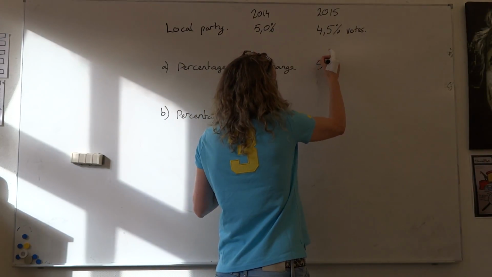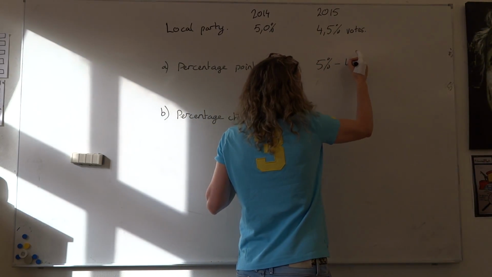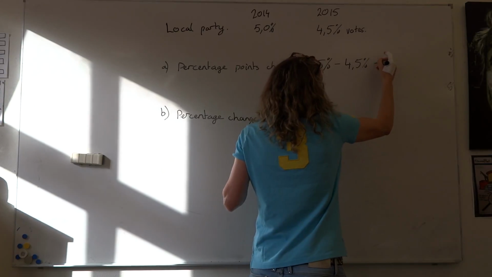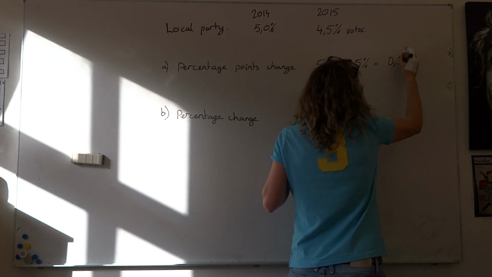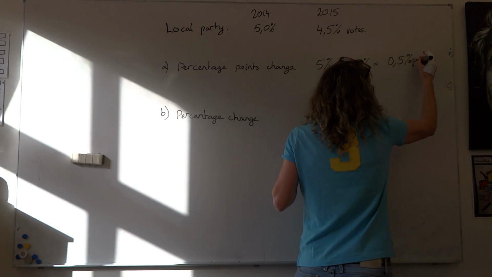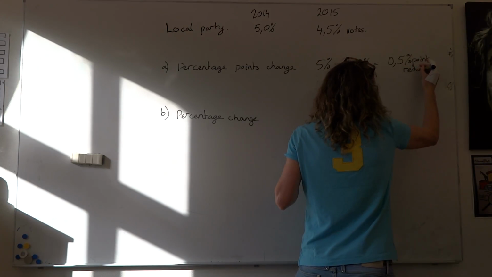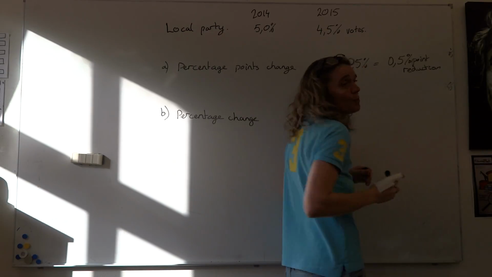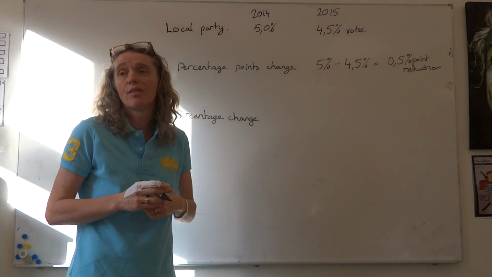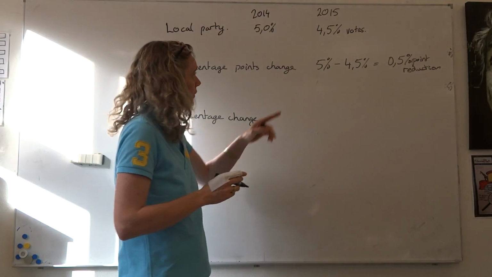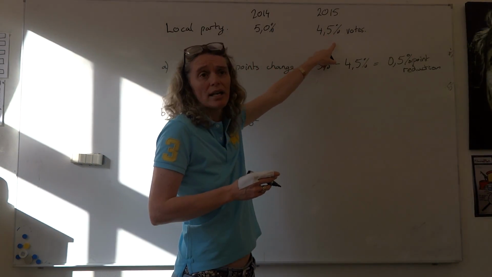So 5% minus 4.5% is a half percentage point reduction. In terms of percentage points, it was 0.5 that went down. You just take the one and subtract it from the other.